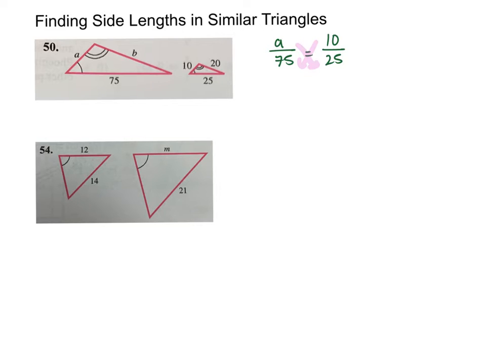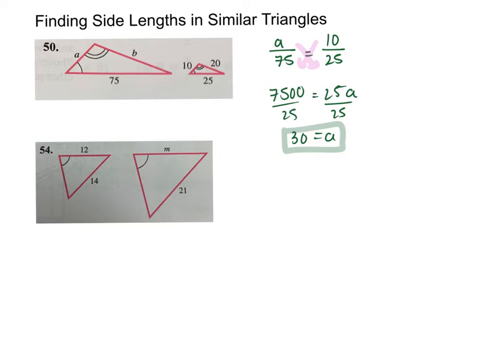So if you multiply diagonally, 75 times 10 gives you 7,500 equals 25 times A. And if you divide that 25 over to both sides, that means A is equal to 30 is your length here. Now we're just going to find the other side and do the same thing.